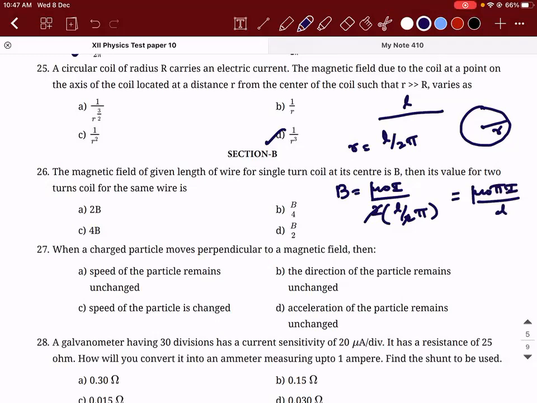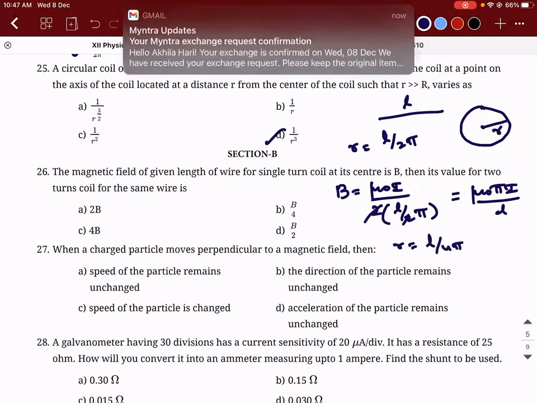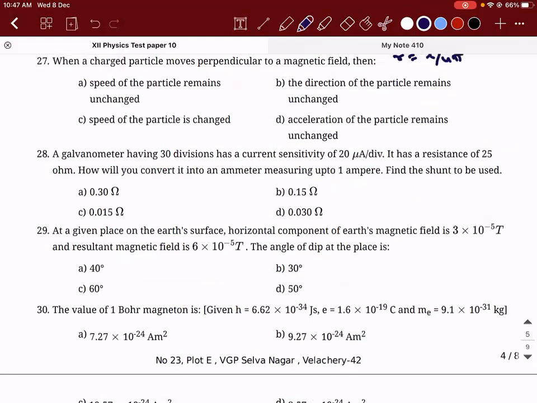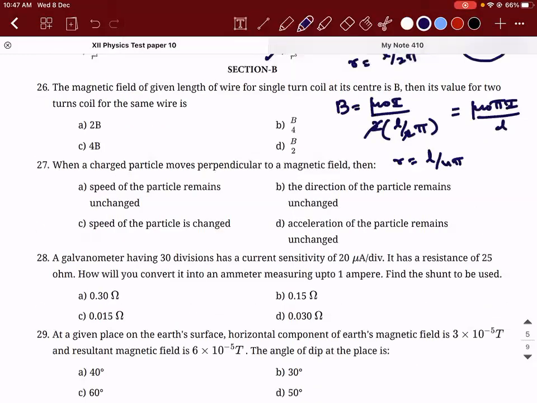If suppose it has 2 turns, then what will happen? Then R would have been L by 4 pi. Think about it, guys. Are you able to understand? R will be equal to L divided by 4 pi.